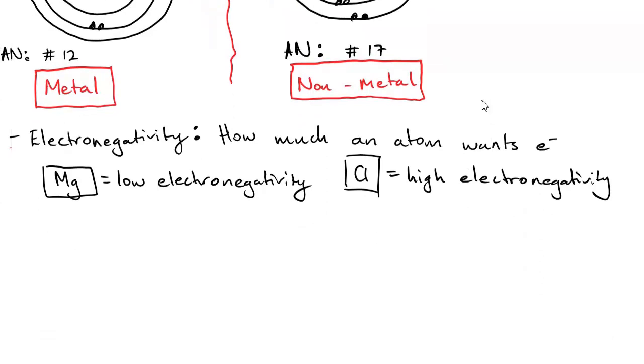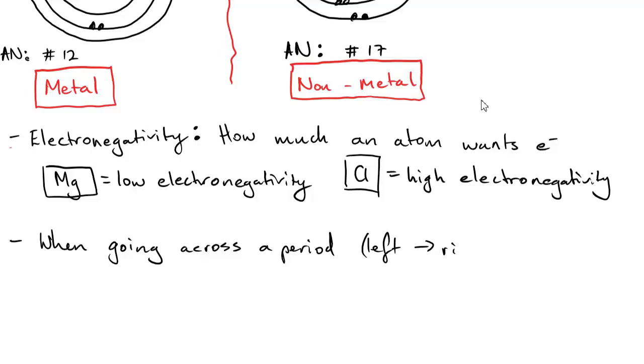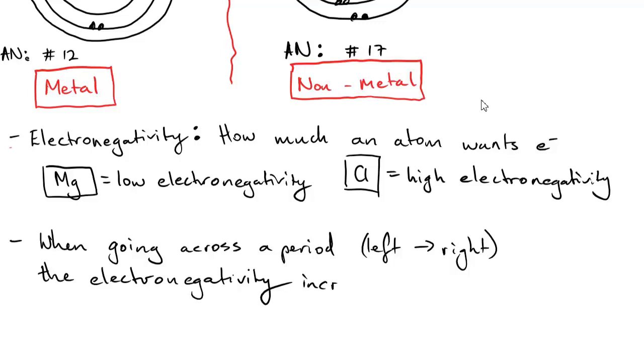So the next trend that I want to explain is when going across a period from left to right, the electronegativity increases.